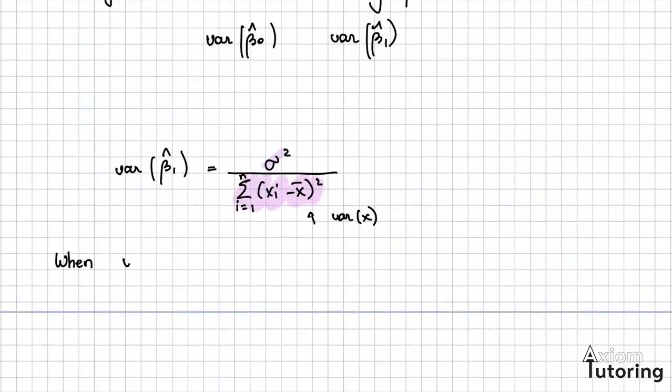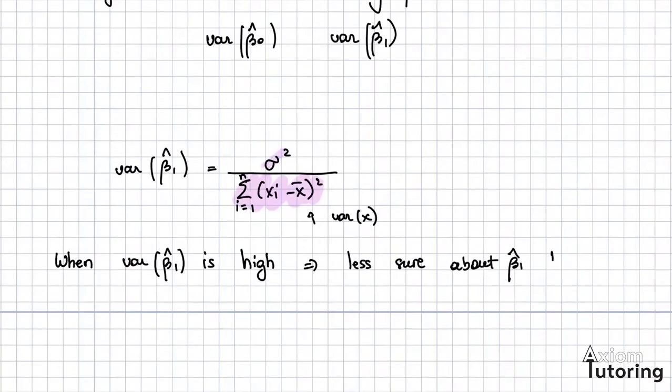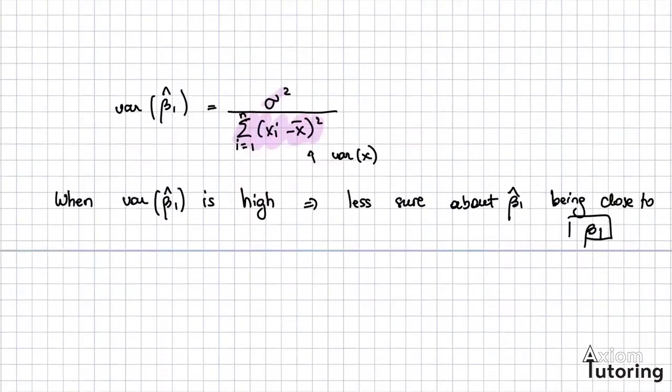The main key takeaways are the following. When the variance of beta 1 hat is high, which remember, is something we don't particularly like, it means that we are less sure about beta 1 hat being close to beta 1, meaning the true population value.